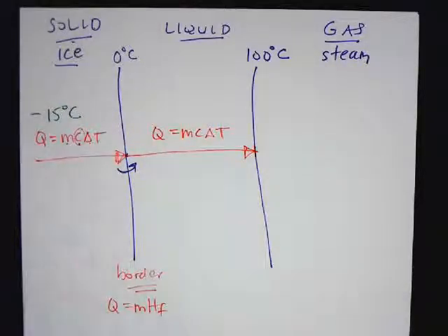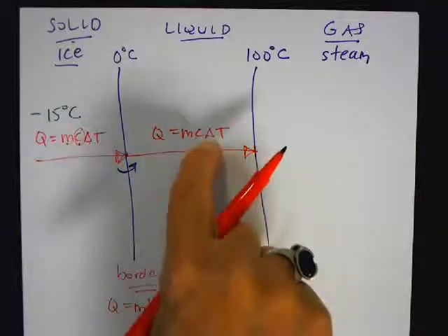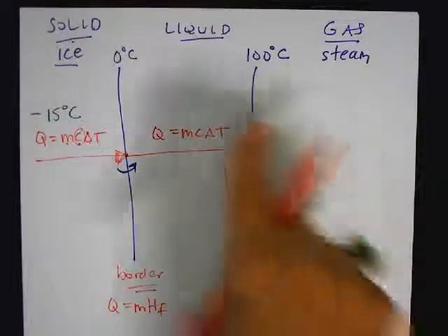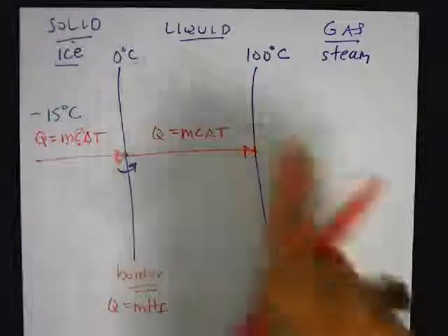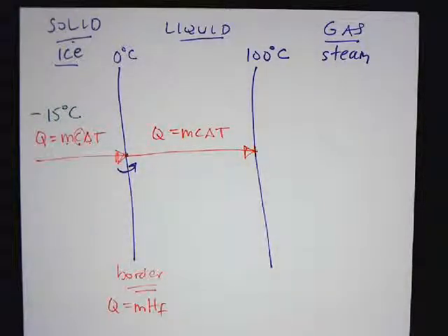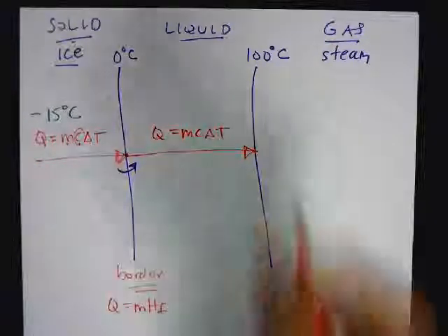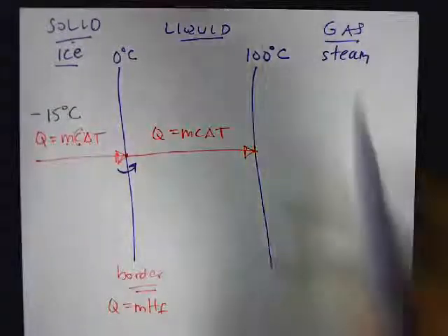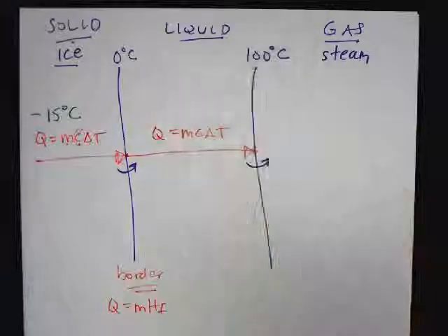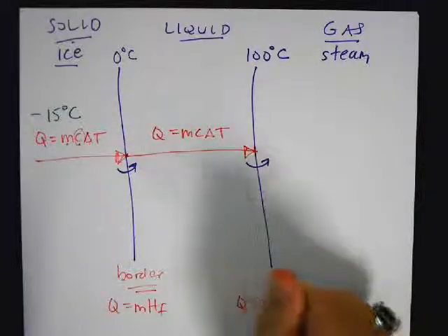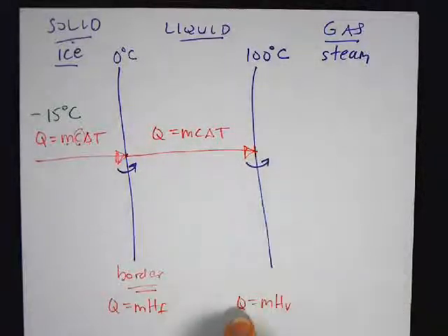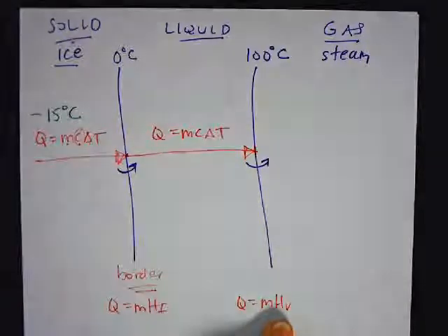I'm at the border. But it's going to take me energy to switch just from liquid to a gas, from water to steam. That takes energy too to cross that borderline. So now if I want to cross this borderline, Q is equal to mHv, so the heat is the mass times the heat of vaporization.